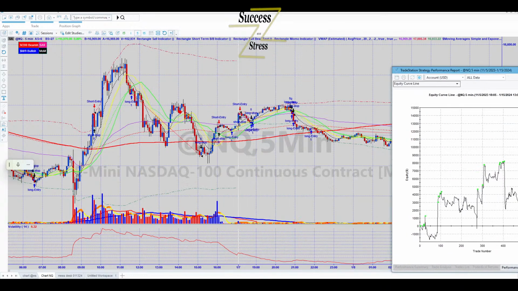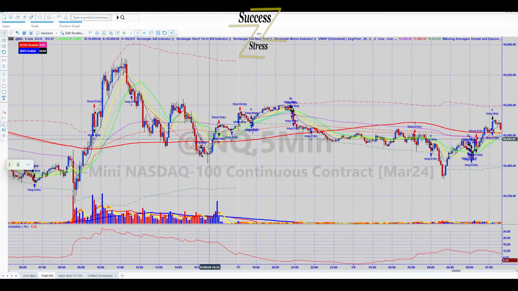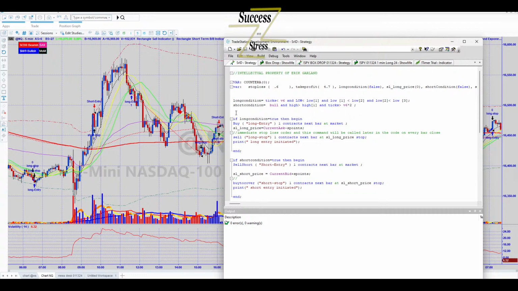The gentleman was saying that he was having troubles with the orders showing up. So when the condition was met for it to go long, and when the short position or sell condition was met, it wouldn't go short. He gave his basic little snippet of code that said when the condition was met, you would buy a long entry, one contract next bar, so many points, and then sell next bar, so many points as your stop loss.